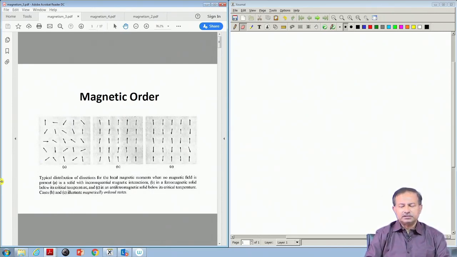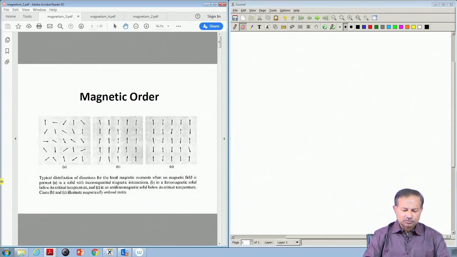What we have done so far is that we started out by writing the magnetic Hamiltonian of an electron in an ion or an atom, and then tried to understand the kinds of magnetic response that these ions or atoms with their electrons give rise to.